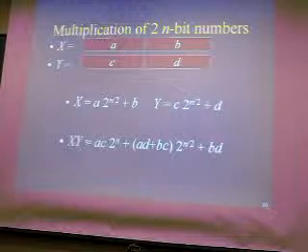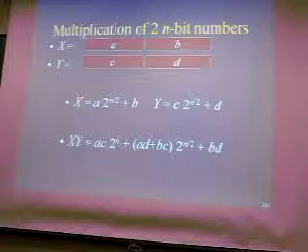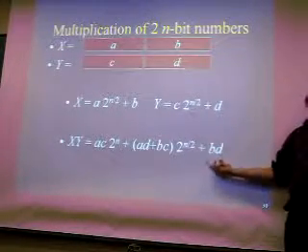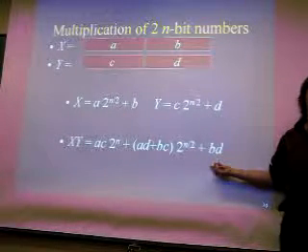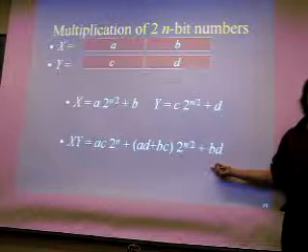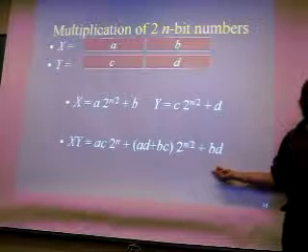Which smaller numbers am I going to give my friend? B and D are fine numbers. They're smaller. All my friend has to do is multiply them. So I just give my friend B and D, and he just multiplies them. Do I care how he does it? No. I send them off to him, he multiplies them.